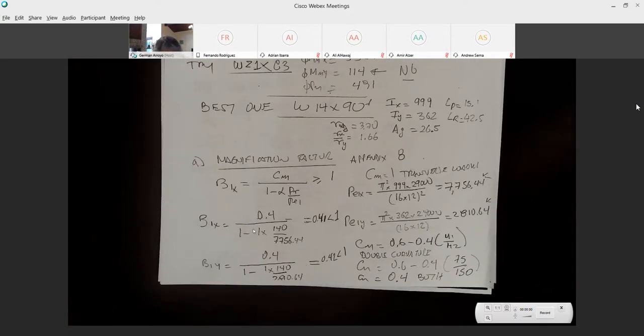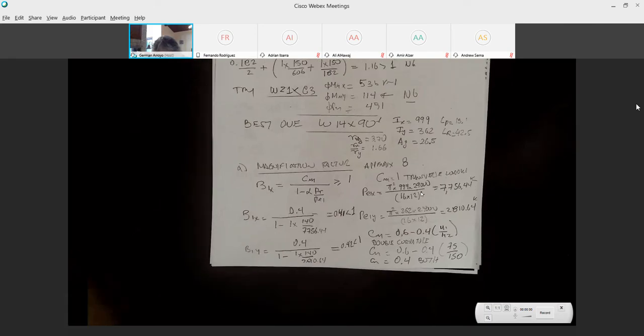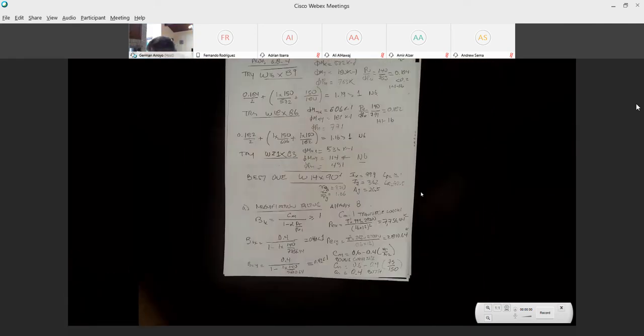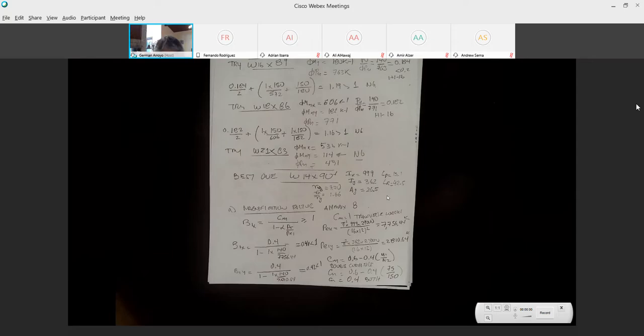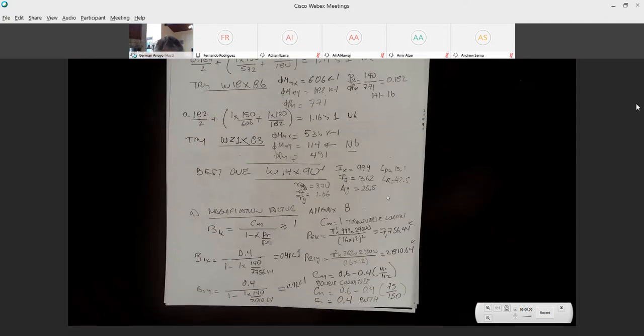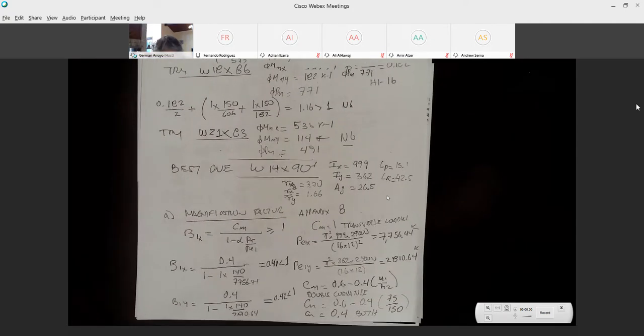So I have done in here the magnification factor for the strong axis and the magnification factor for the weak axis. I have put in here, just to refresh your memory, the one with transverse loading.